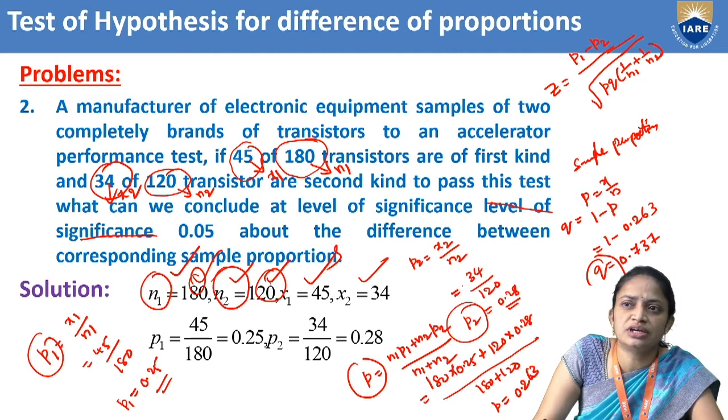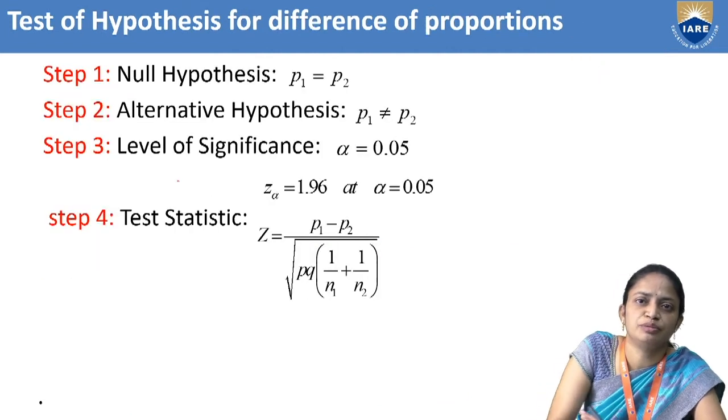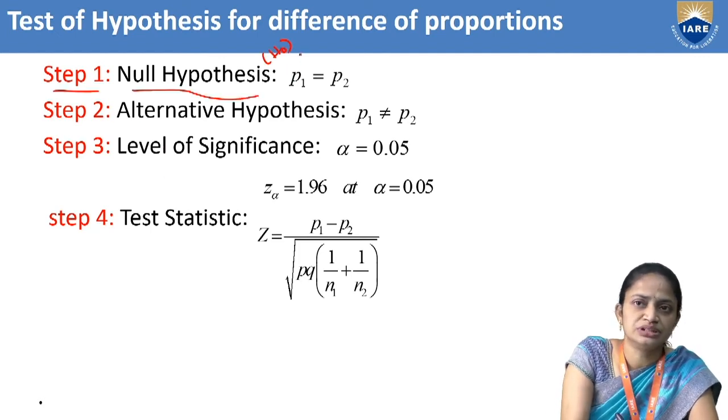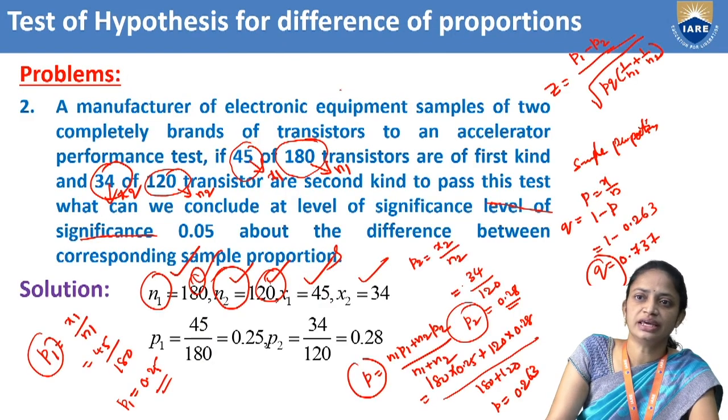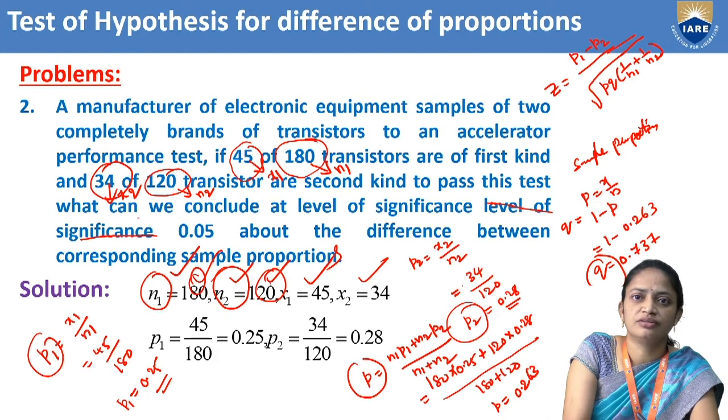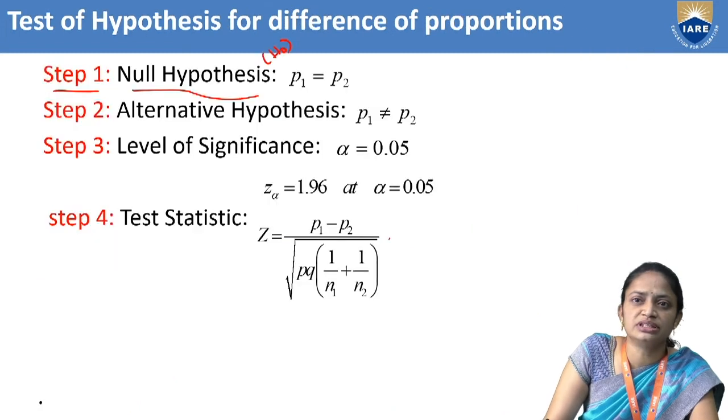What is the procedure for large samples? Here we have the procedure. Step 1, the null hypothesis, denoted with H0, is P1 equal to P2. Here we take the given statement as it is: can we conclude that there is any difference between the sample proportions?